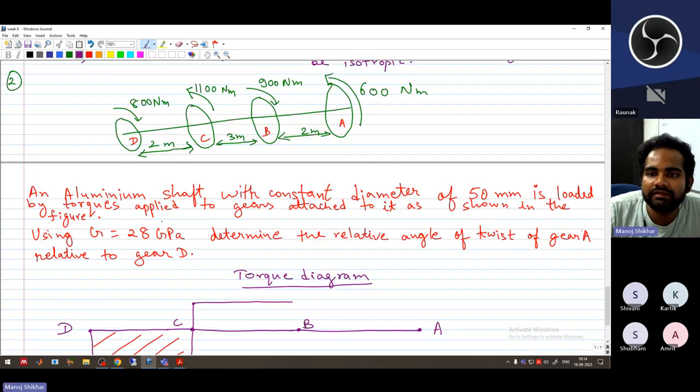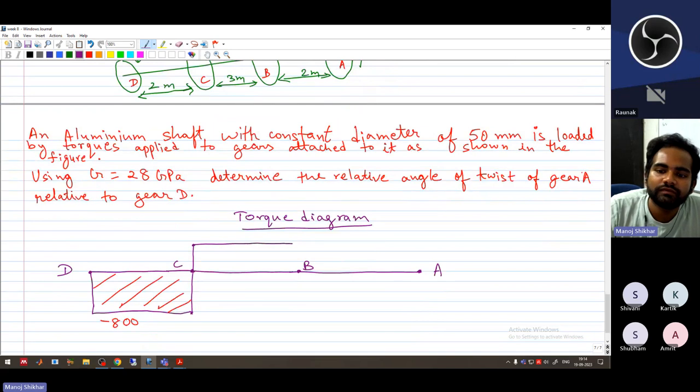And between C and B, there is no other torque, so we will have the constant value. And this value is 300 newton meter. This was minus 800 newton meter.